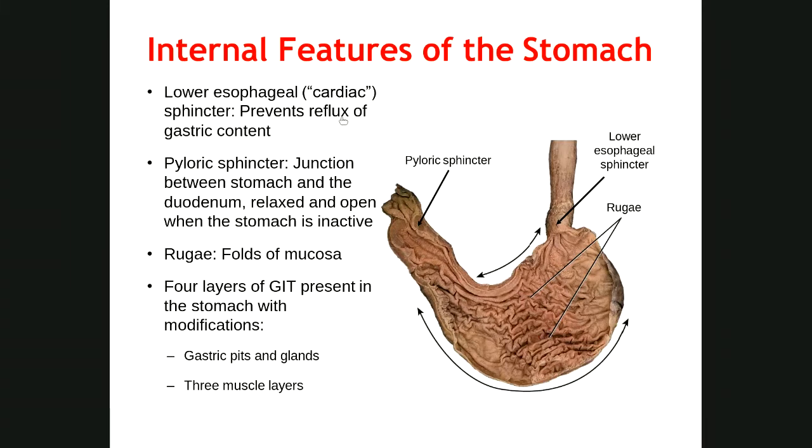The lower esophageal sphincter or the cardiac sphincter prevents the reflux of the gastric content into the esophagus. The pyloric sphincter, which is after the pyloric canal, connects the pyloric canal, which is part of the stomach, to the duodenum. It is relaxed and open when the stomach is inactive, passing the food downward through peristalsis into the small intestine.